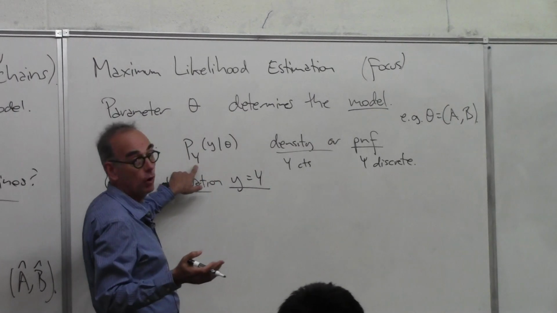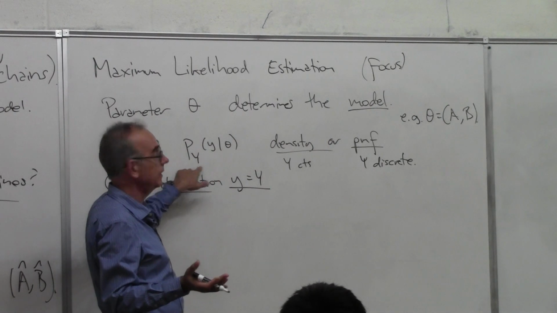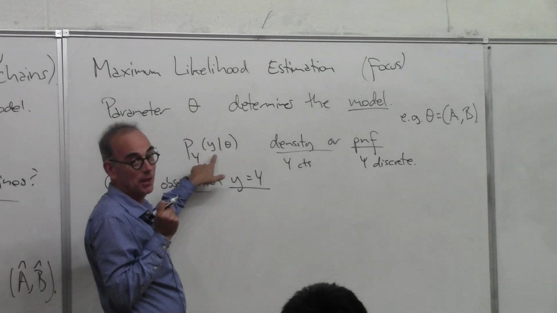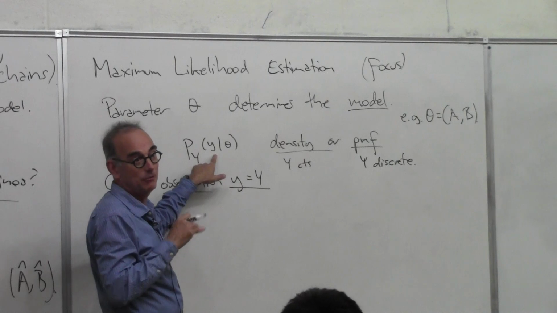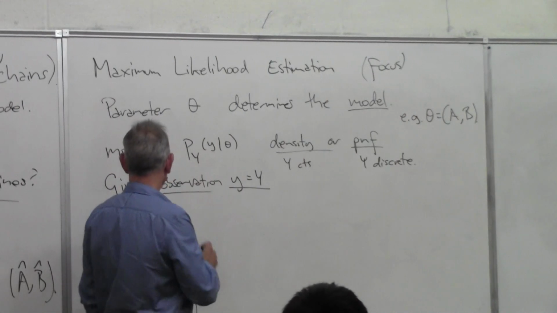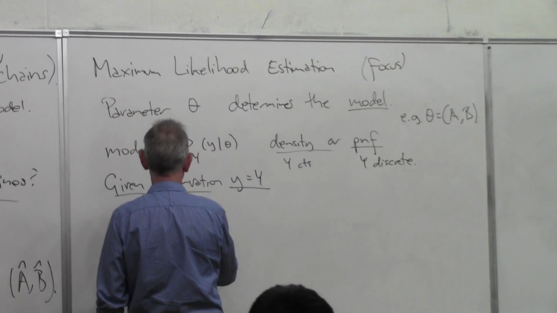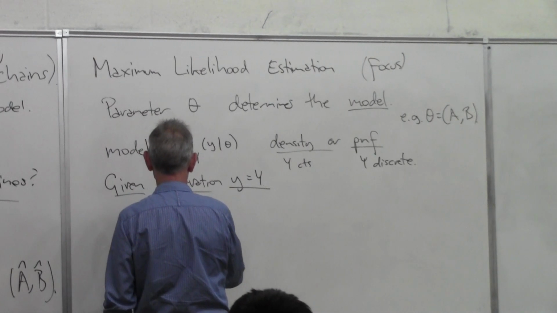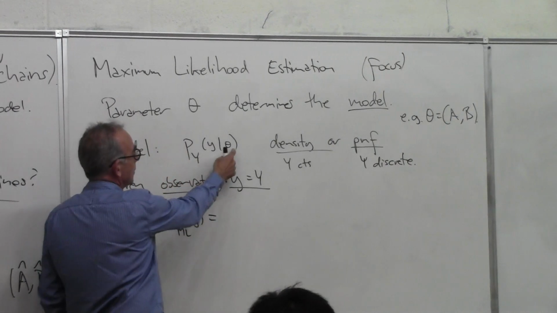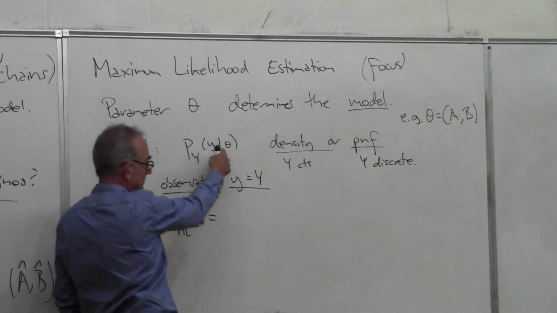This is the density of y, or the probability mass function of y. So little y can take on any value. But we observe something from reality. We observed it's a beautiful day, even though they said it was supposed to be horrible. We stick that in, and we get an estimate of theta, which is the most likely theta.